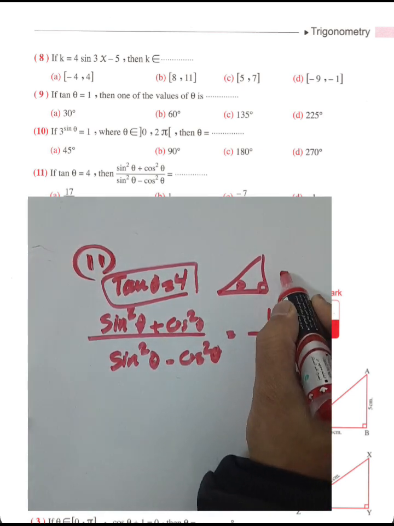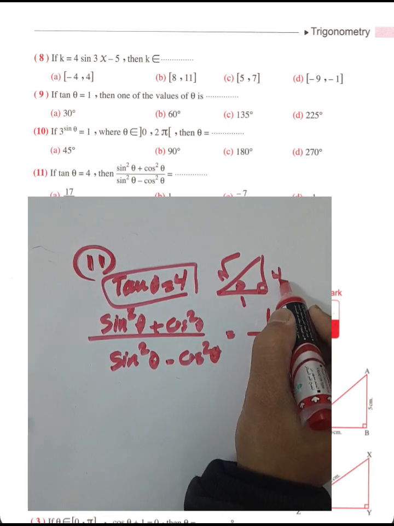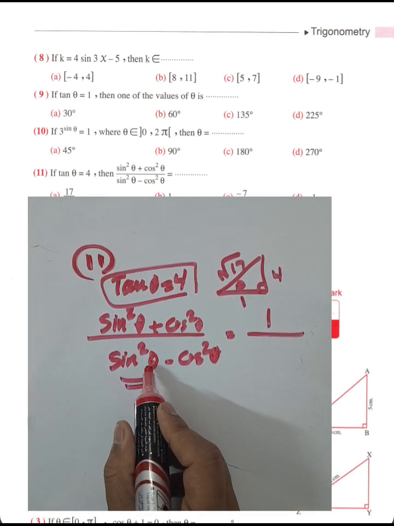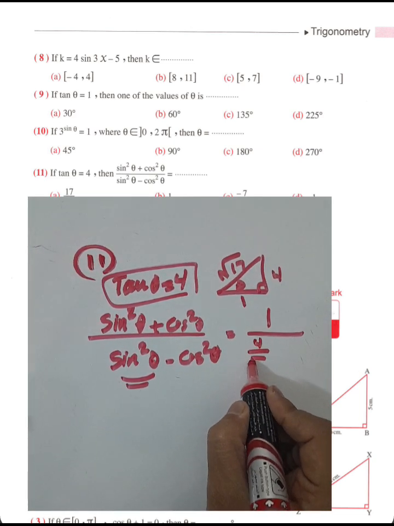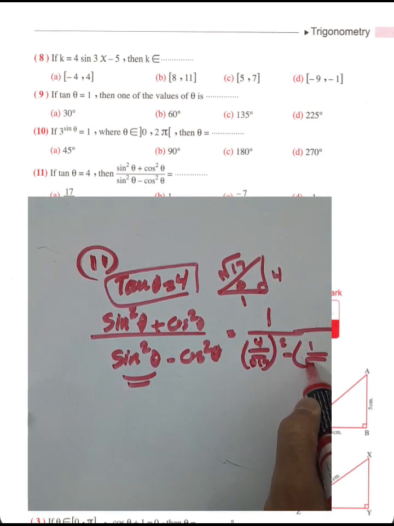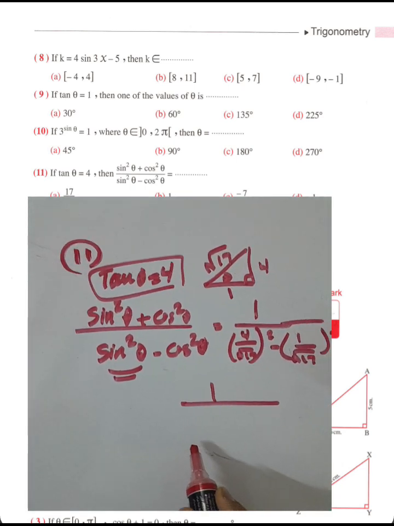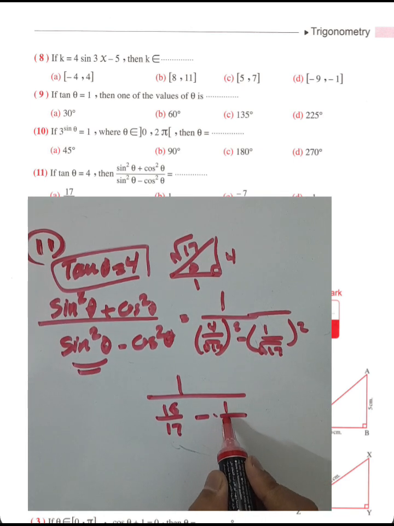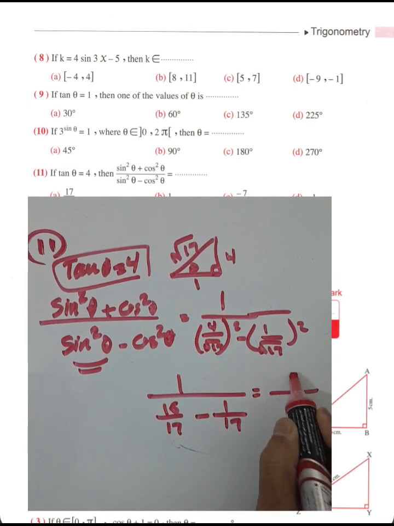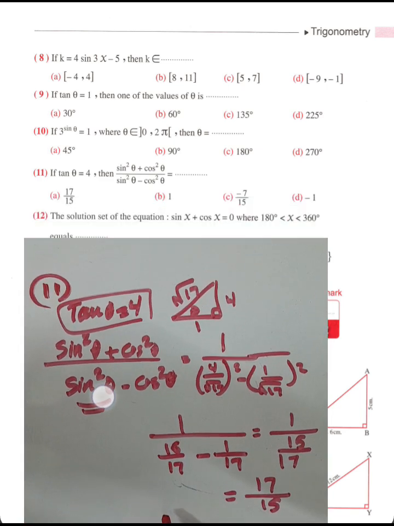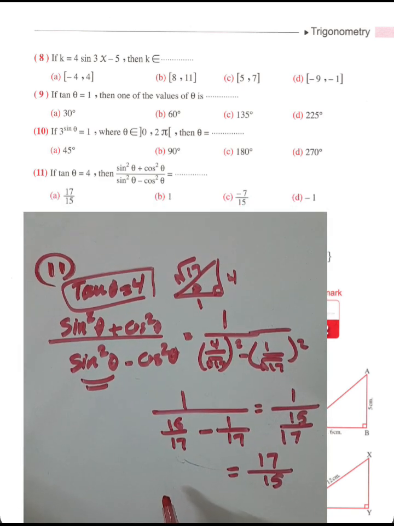Tan theta is 4 over 1, and 4 squared equals 16, 16 plus 1 equals 17. Then sin squared theta is 4 over root 17, squared, minus cos squared theta, 1 over root 17, squared. That is 16 over 17 minus 1 over 17, which is 15 over 17. The result will be 17 over 15. Choose letter A for question 11.